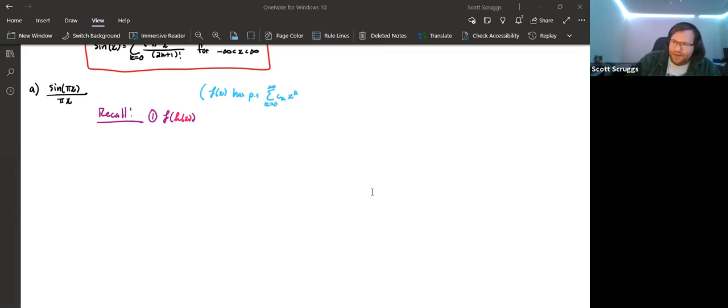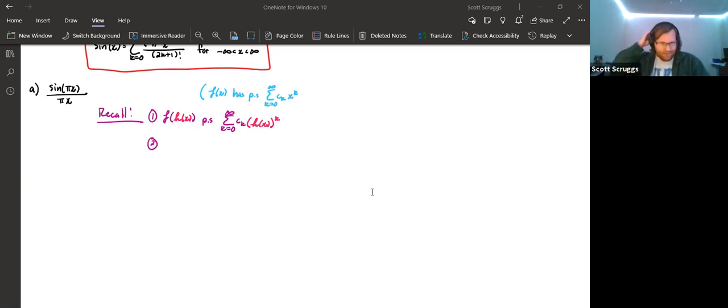Then the first property says that all I do differently is write down the power series for f of x, but wherever I see an x, I replace it with that inside function. That will be the first property we're going to use to get the Maclaurin series for sine of pi x over pi x.